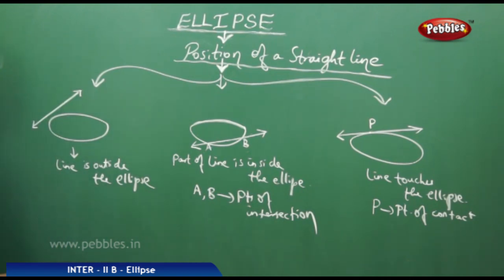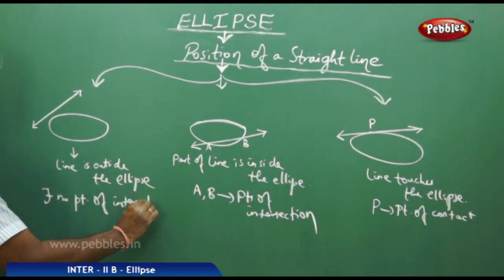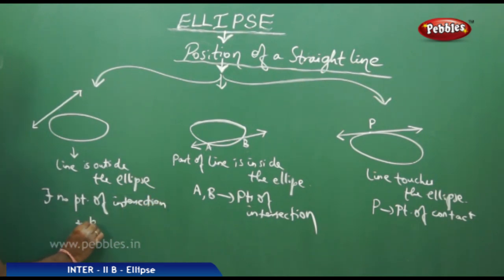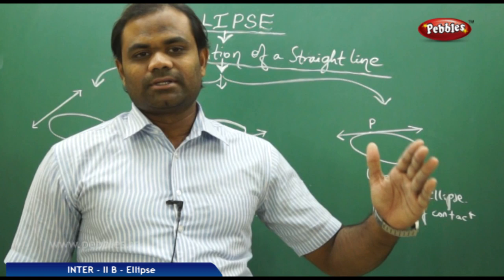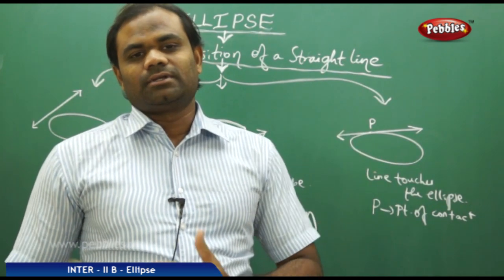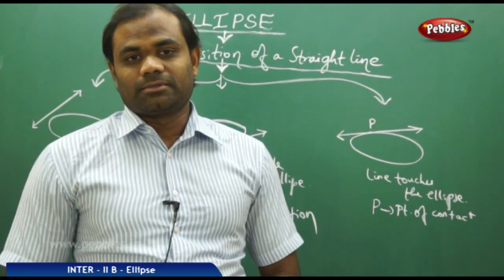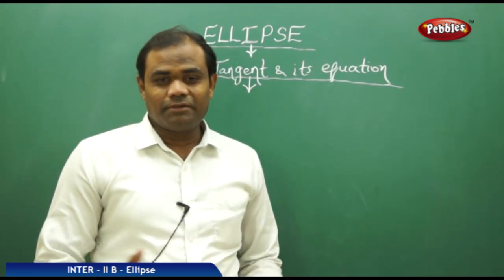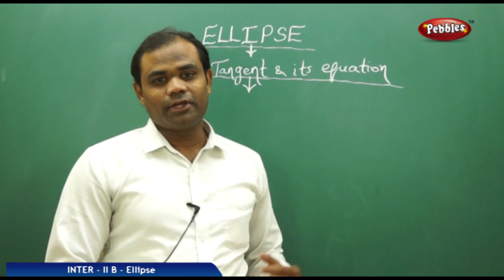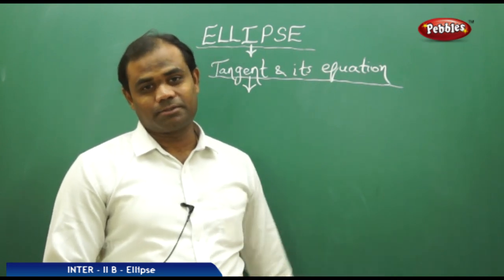There exists no point of intersection and no point of contact. That is how we understand the three cases of the line outside the ellipse, part of the line inside the ellipse, and the line touching the ellipse. Tangent and its equation. So we have discussed the tangent with the three cases of position of a line with respect to the ellipse.